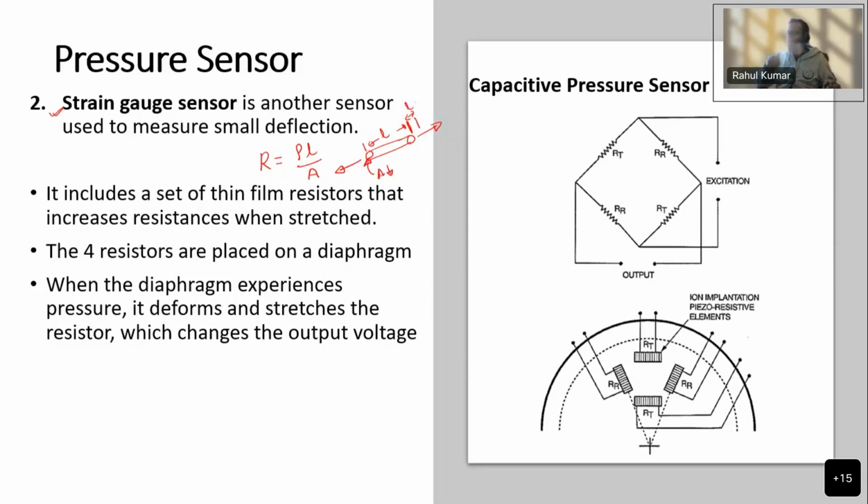If you're stretching something, it will become thin and it will become longer. So in a way, if you stretch the resistor, the value of resistance will change because of the change in physical dimensions.